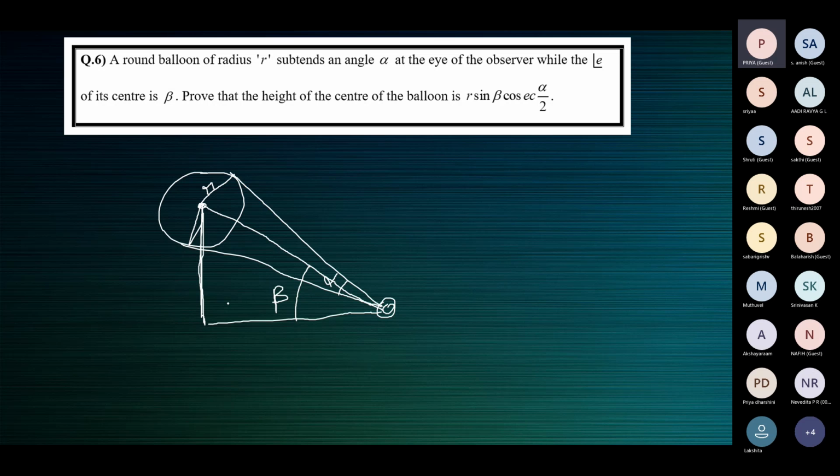You should not find tan beta or cot beta, or tan alpha by 2 or cot alpha by 2. So you must now make out two right triangles which have beta and alpha by 2 in them.